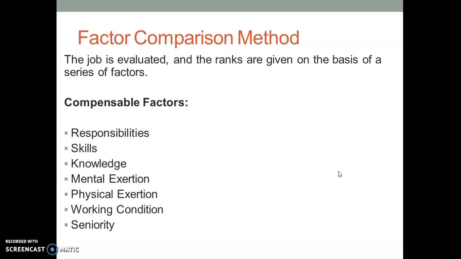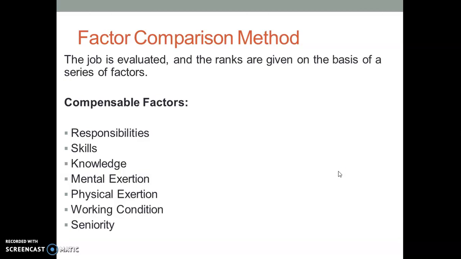At the managerial level, we identify that decision making, planning and strategy construction, then implementing through different people with different behavior, involve lots of mental exertion. So to provide a mental exertion related reward to the individual, it is taken as a compensable factor.